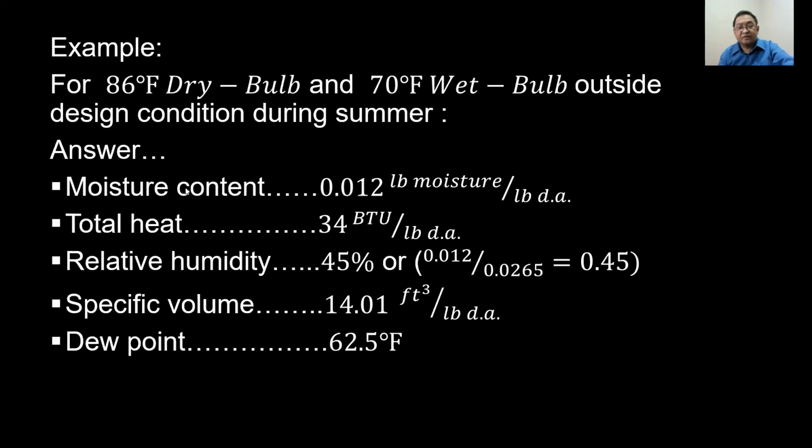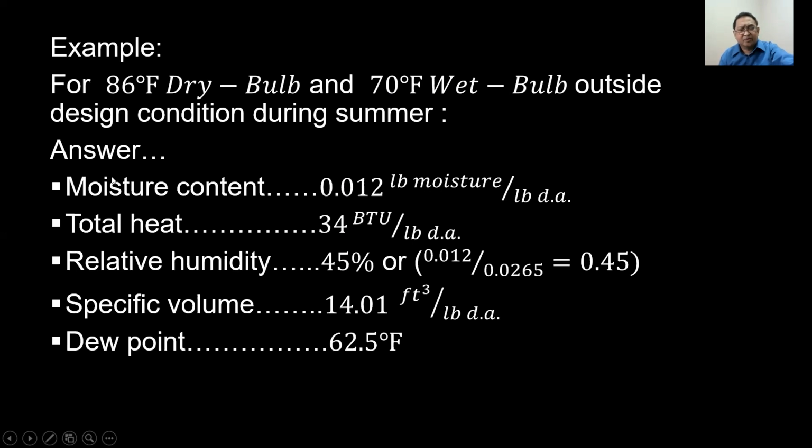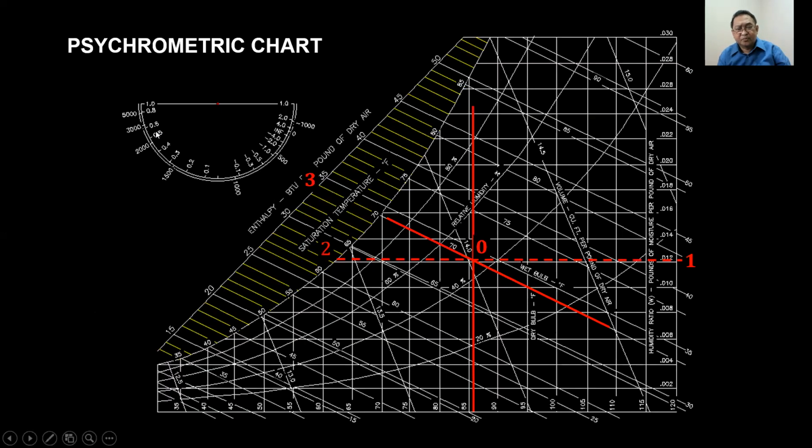And you have here the specific volume, 14.01 here. Specific volume, 14.0, is 14.0 cubic feet per pound of dry air. So this one is 14.01. And the next requirement will be the dew point. And the dew point here is 62.5. The dew point is at point number 2, which is 62.5.